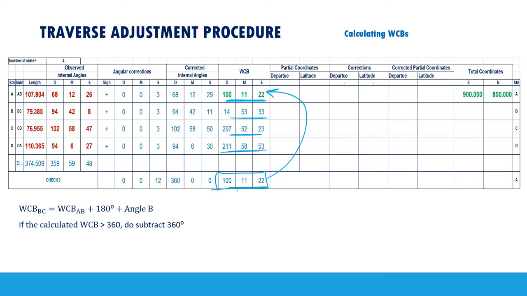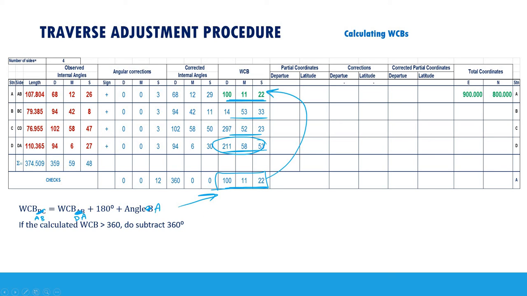How to calculate the whole circle bearing of AB again? This is the same relation here, but instead of BC you will say the whole circle bearing of AB, which is the whole circle bearing from here of DA plus 180, now plus angle A, and this should be the same value that we started from.